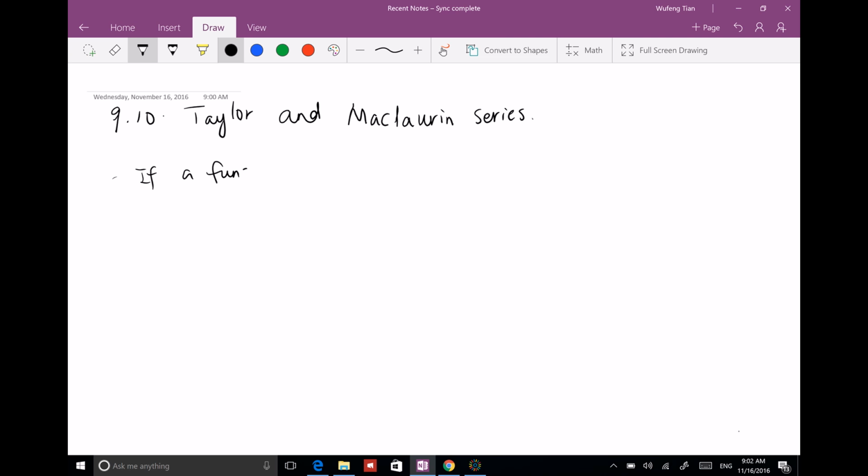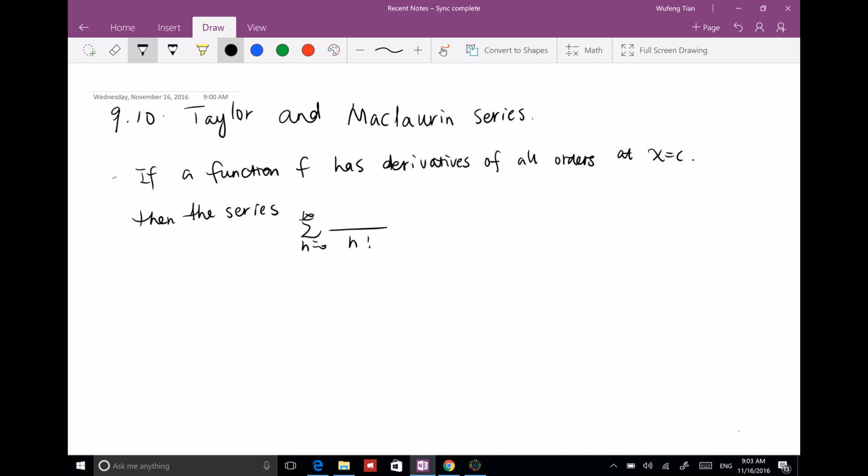If a function f has derivatives of all orders at x equals c, then the series, the sum from n equals 0 to infinity of f to the n of c over n factorial times x minus c to the power n, equals f(c) plus f prime of c times x minus c plus, until f to the n of c over n factorial times x minus c to the power n, plus. Okay, so this is a Taylor series at x equals c.